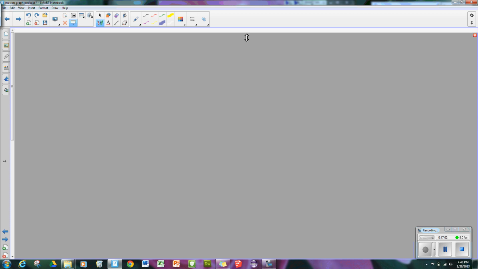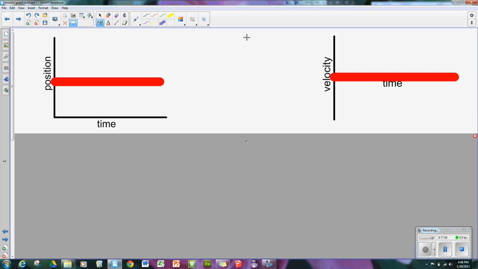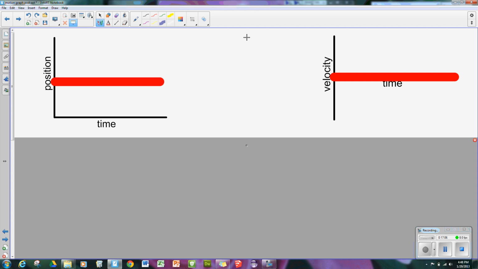So starting from the most simple, if you have a position time graph, and remember your x-axis is down here, on the velocity time graph, the x-axis is right underneath that line there. A horizontal line on a position graph will be a horizontal line on the x-axis on a velocity time graph.